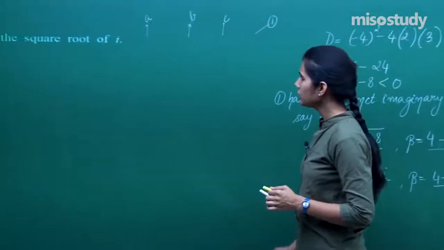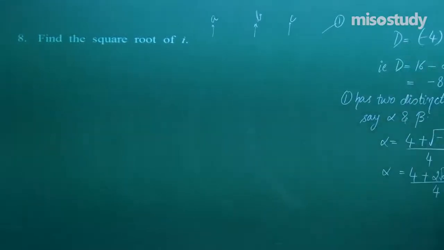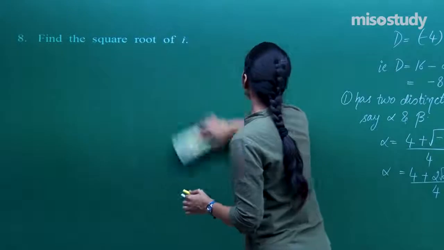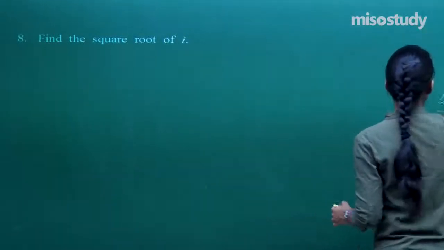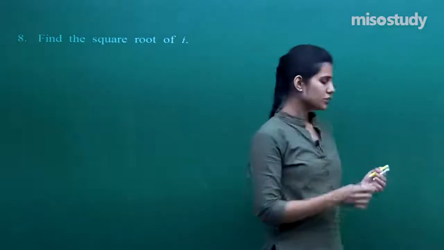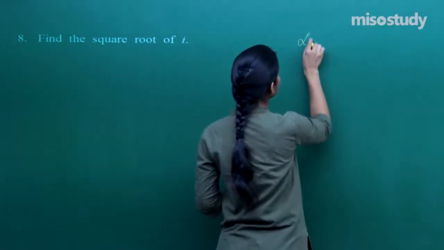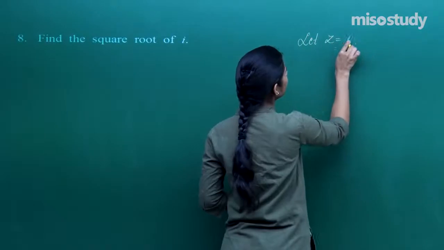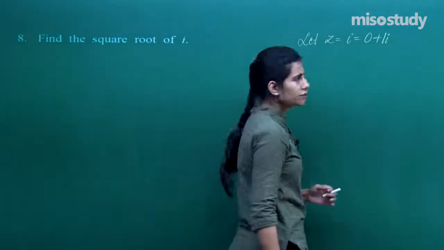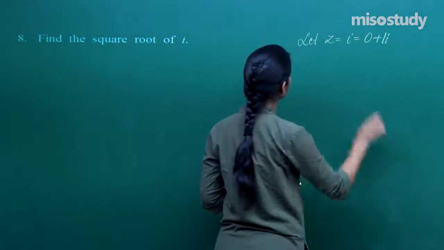Next we have: find the square root of iota. Now the drill that is used to find the square root of any complex number should be at your fingertips, and then you will be able to decode the square root of iota within no time. Let's do that. Let z be equal to the complex number i.